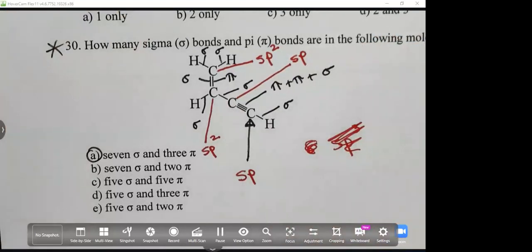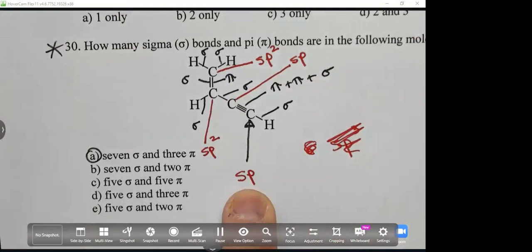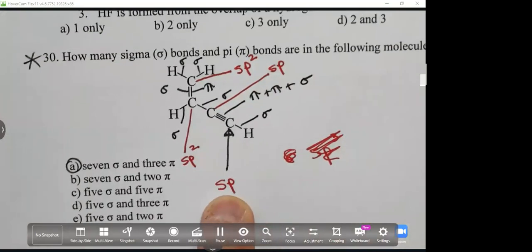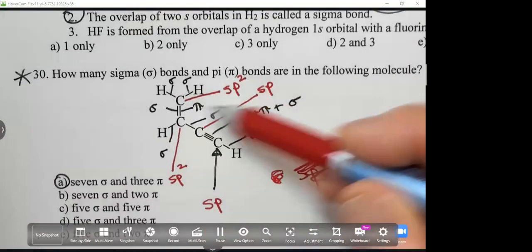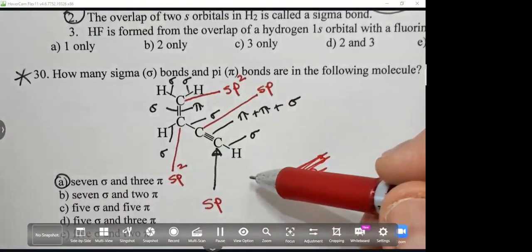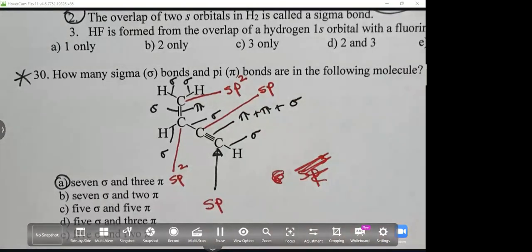So the hybridization matches up with your sigma bonds, because that leaves you the leftover pi bonds. Okay, we pretty much added the answer to the test question, I believe.